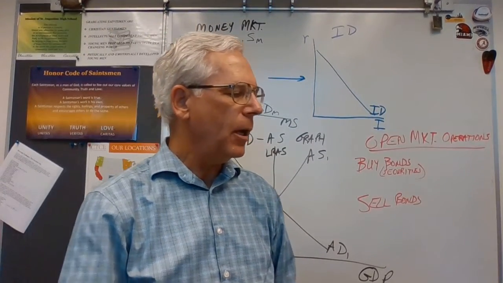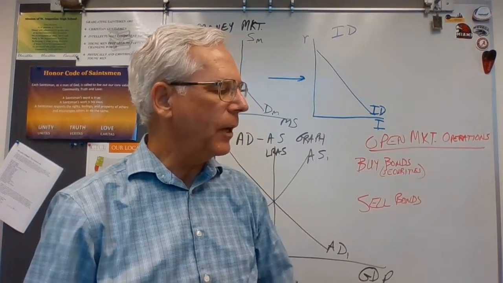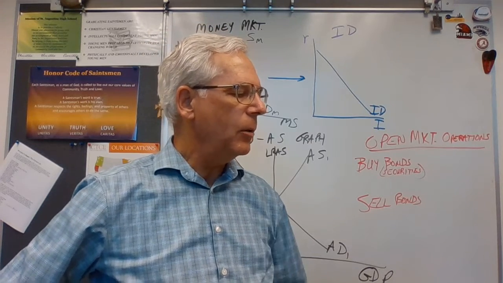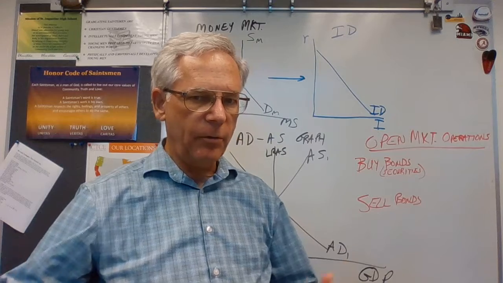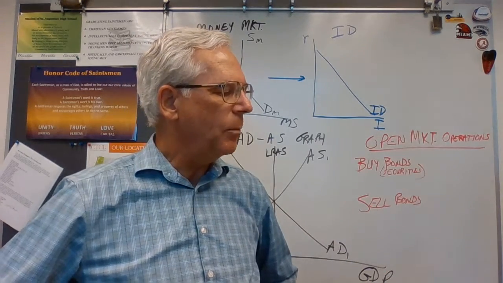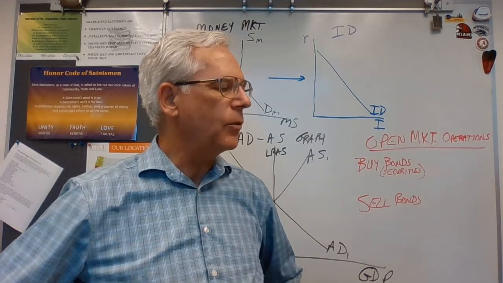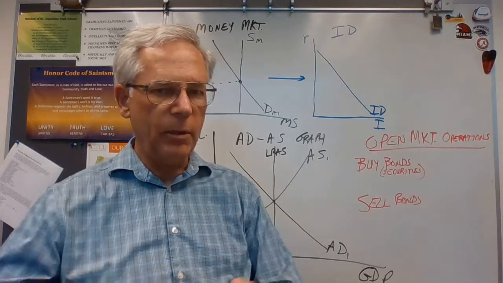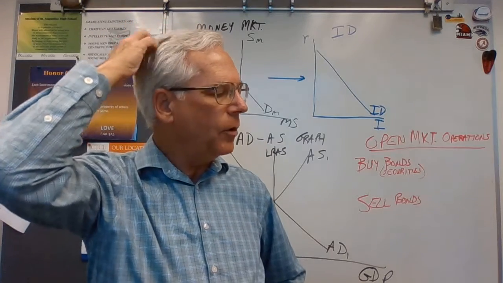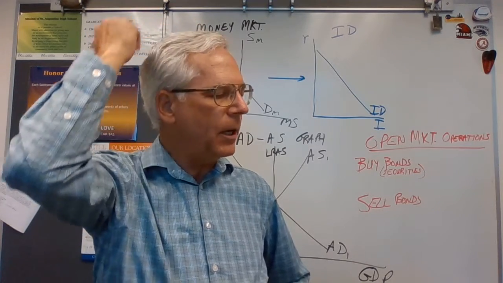Open market operations, as your book says on the next page, consist of bond market transactions in which the Fed, the Federal Reserve System, either buys or sells bonds, U.S. securities, the T-bills, T-notes, and T-bonds, outright or uses them as collateral on loans of money.